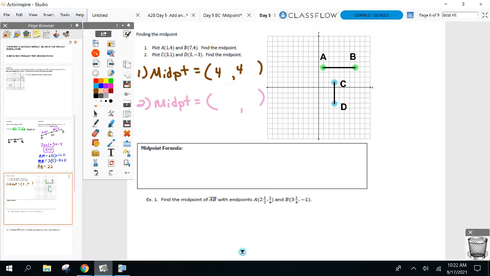Emma, what are you getting for this one? No, 3, -1. I like that. Good. Yep. All right, good. So that's what I'm looking for.